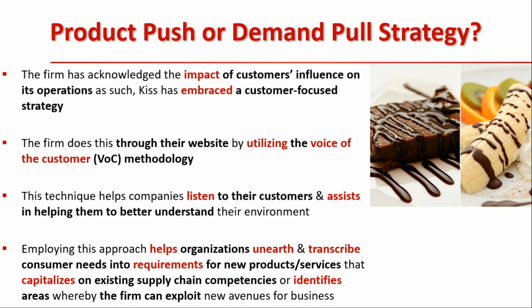This helps them understand the environment and the different types of demands or customer needs that they have. It actually helps them unearth and transcribe customer needs into requirements for new products and services. These things capitalize on the existing supply chain competencies and identify areas whereby the firm could exploit avenues for new business.